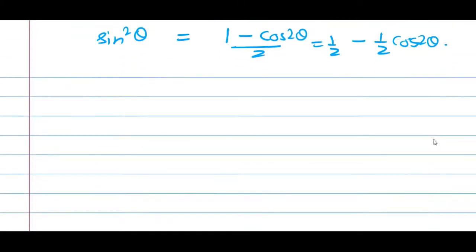In the expansion of x of t, the constant term will be c naught. It is called the DC value or average value.